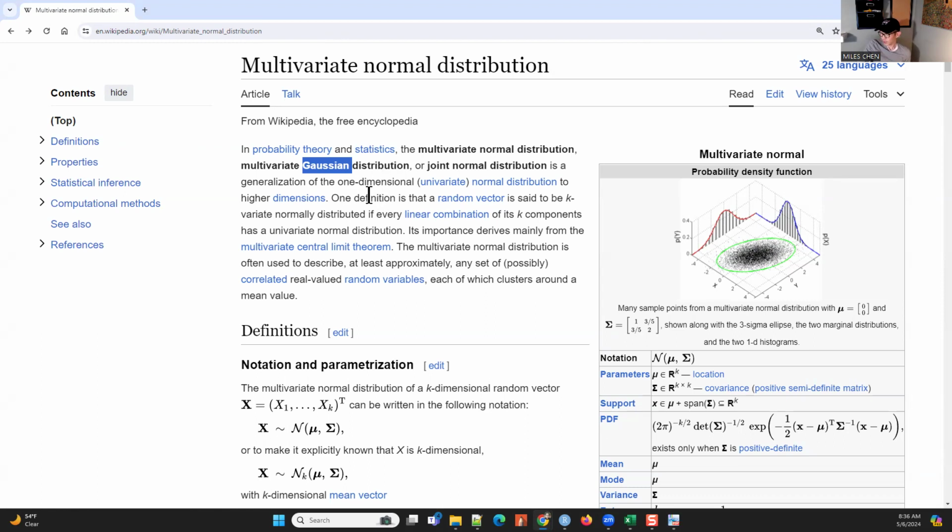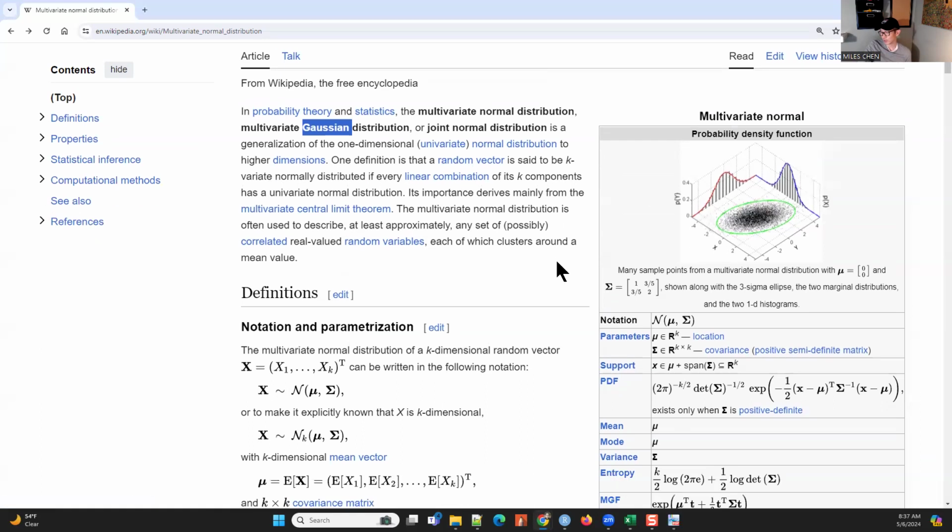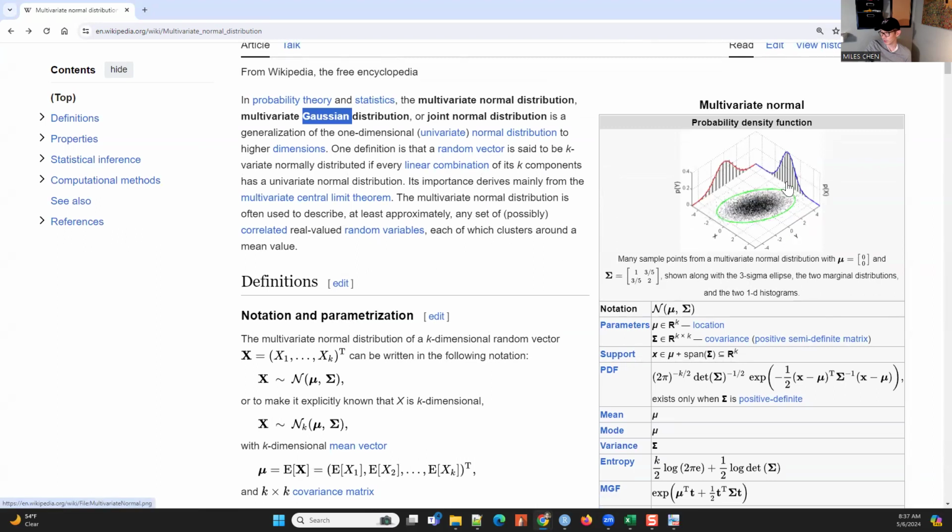One definition is that a random vector is said to be k-variate, like two-dimensional, three-dimensional, four-dimensional, whatever, normally distributed if every linear combination of its k components has a univariate normal distribution. So if you take just x by itself, you get a normal distribution. If you take y by itself, you get a normal distribution.